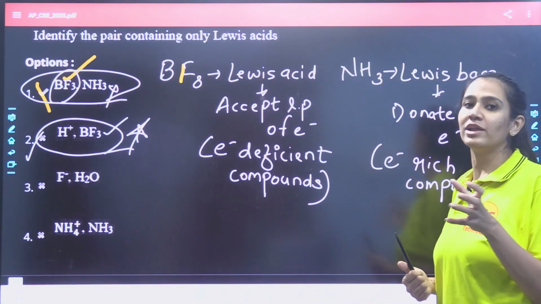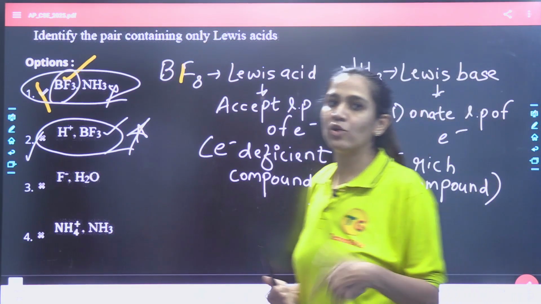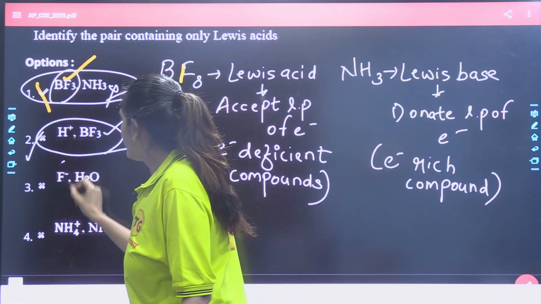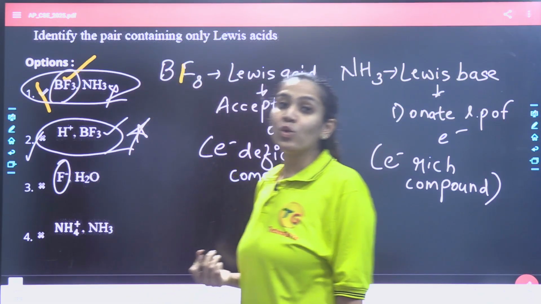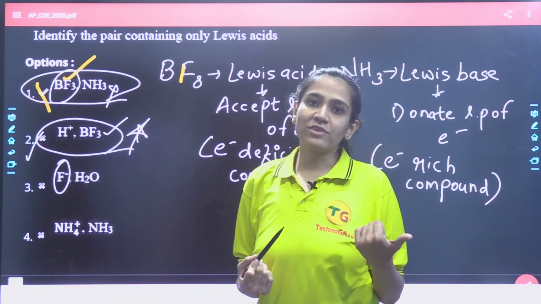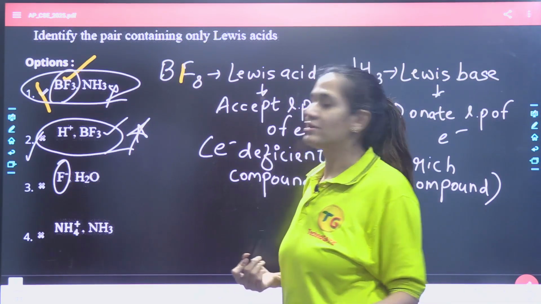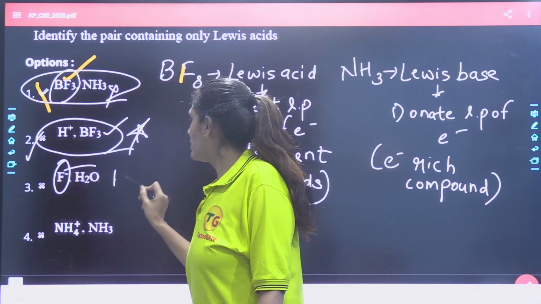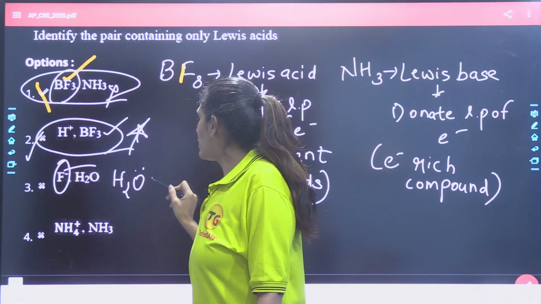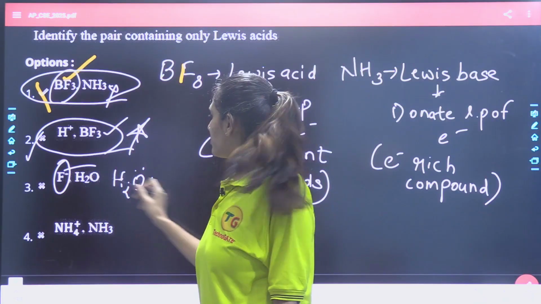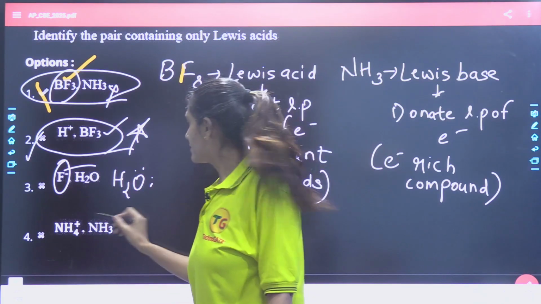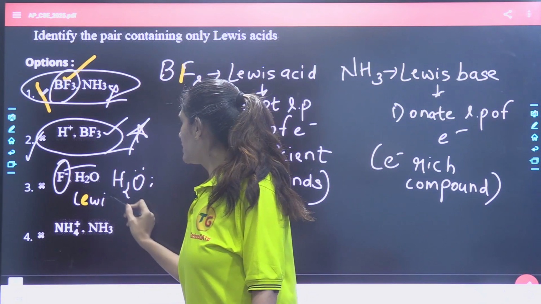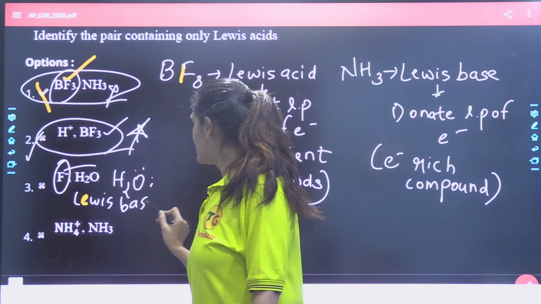H plus is electron deficient. It would accept a lone pair of electrons. Now F negative is electron rich. It already has one extra electron, so it would like to donate it. And in the water molecule also, lone pairs of electrons are present. So they both act as Lewis bases.